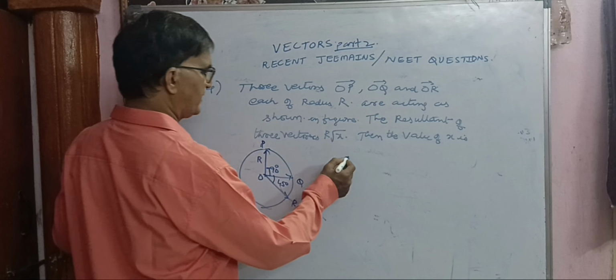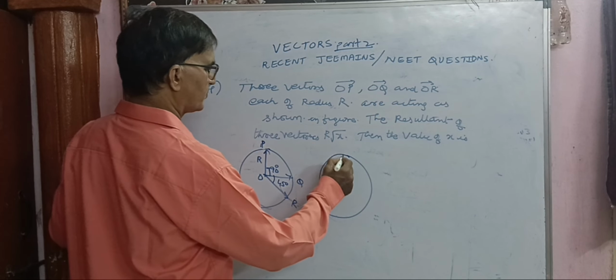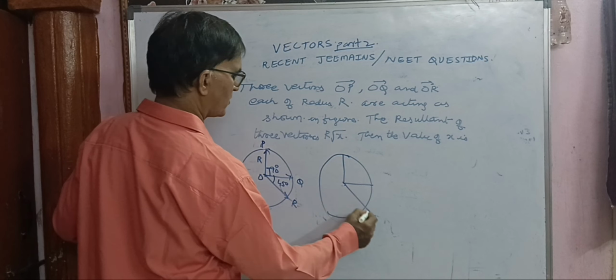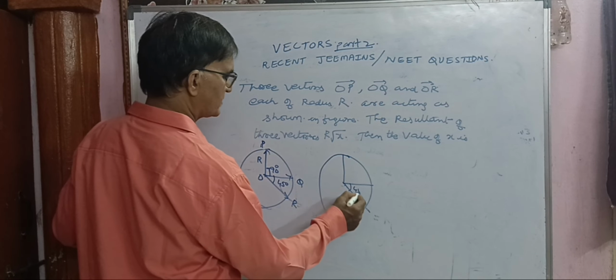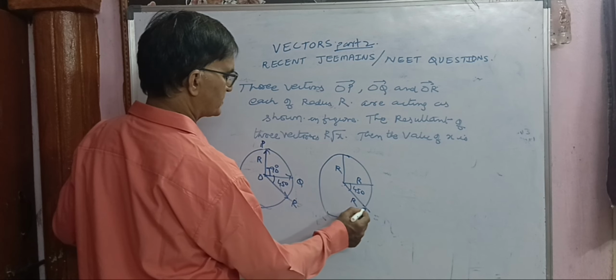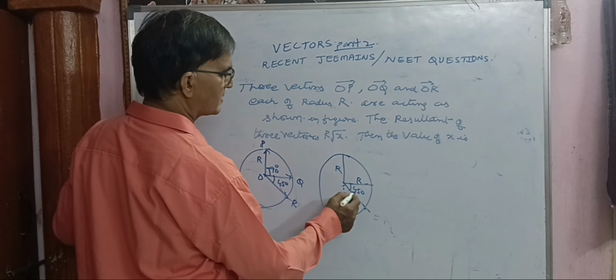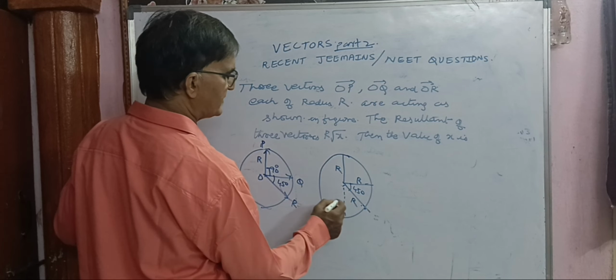Now if you take it again one more time for the solution, here we draw the diagram like this. This angle is 45 degrees. Each radius is R. Now if you draw like this, this vector is there, this angle is there.